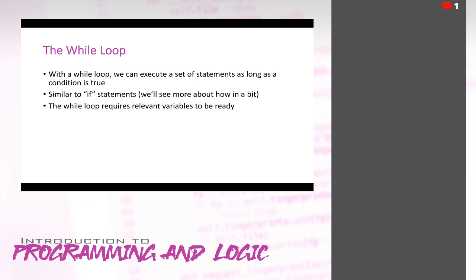Like, first of all, with a while loop, we can execute a set of statements as long as a condition is true. And so that's similar to if statements. You know, we're identifying this condition. If it's true, we're going to execute this set of code, and if it's false, we're going to skip it.